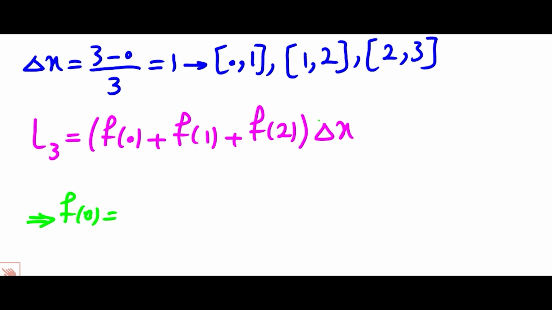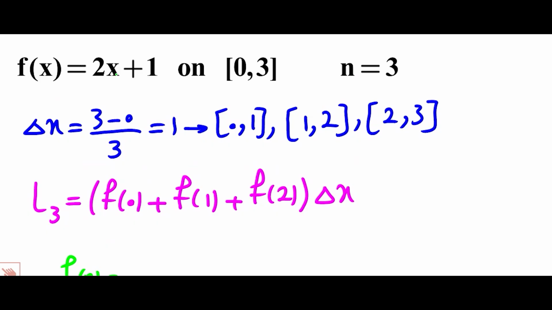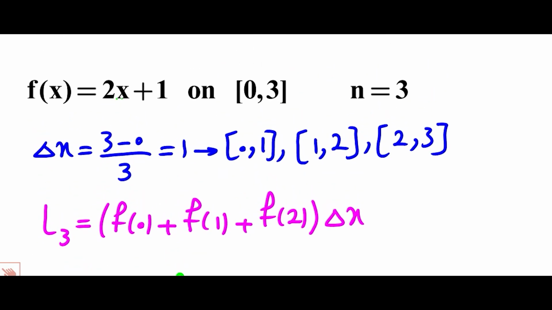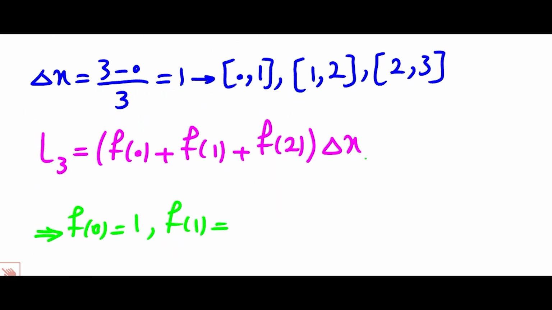If we plug in 0 for x, we have f of 0 equals 1. F of 1, if we plug in 1 for x, we have 2 times 1 plus 1 is 3.